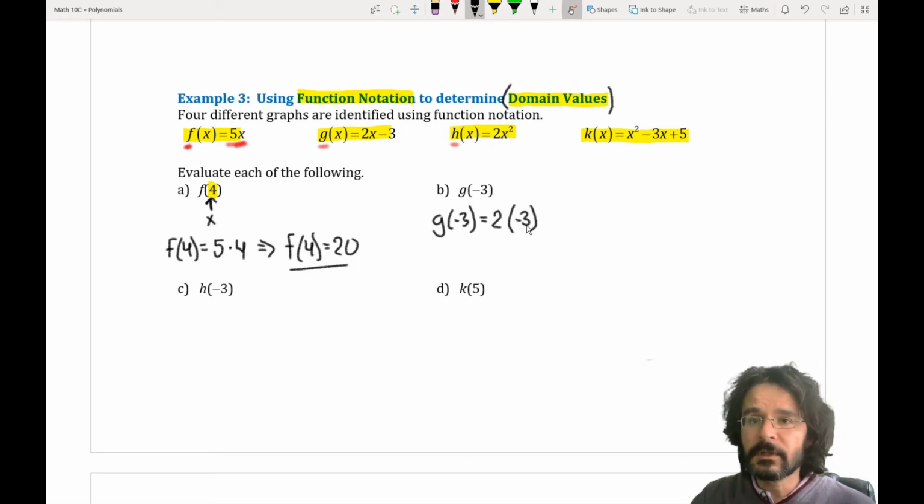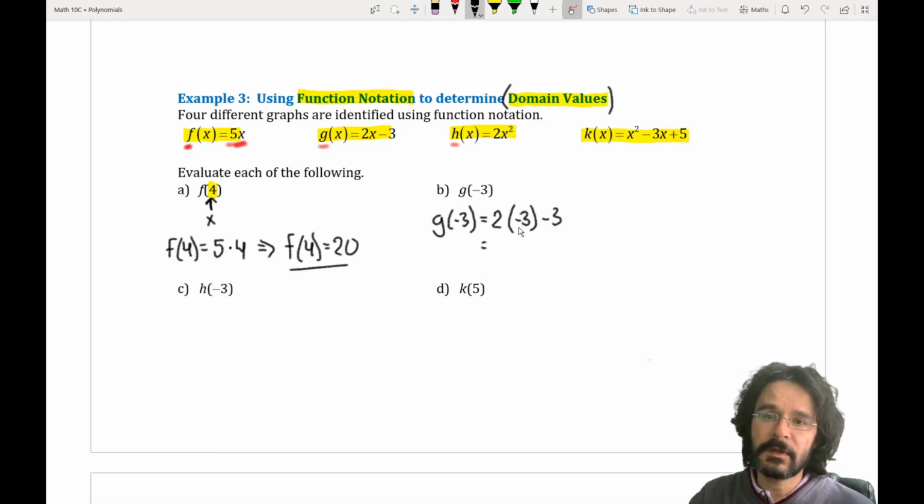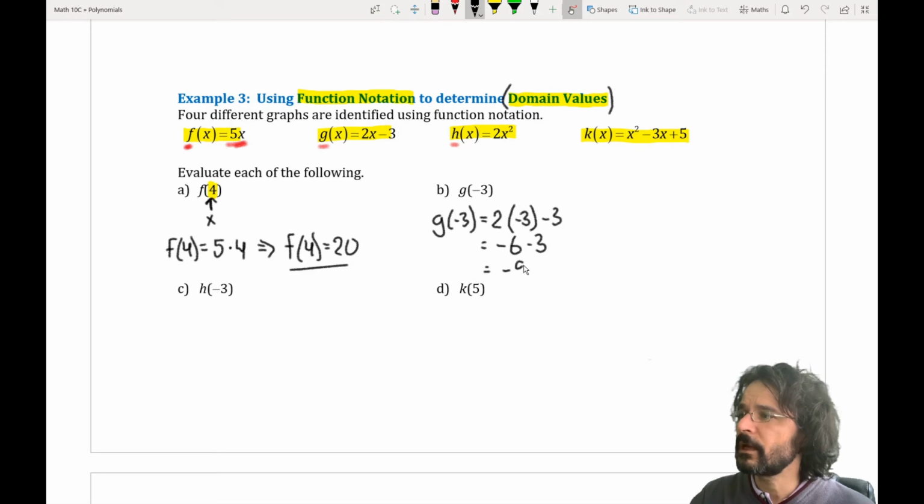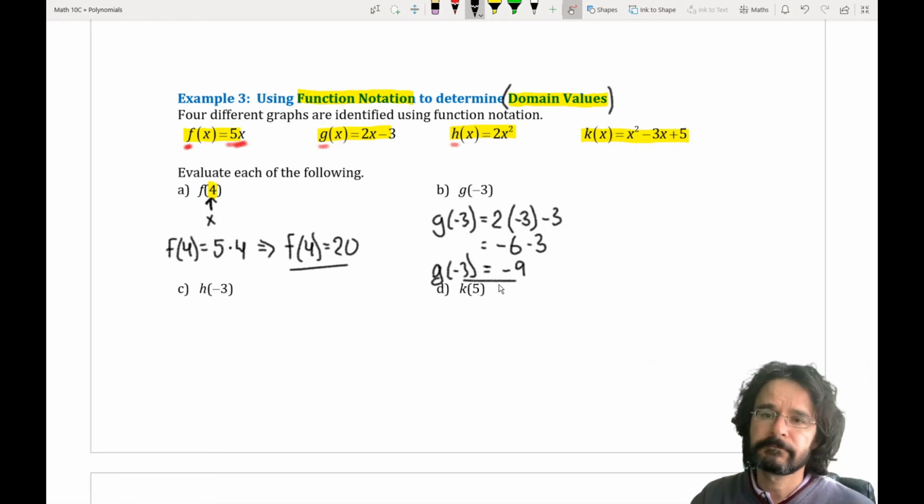If you don't, it means something different. Minus 3. So 2 times negative 3 is negative 6 minus 3. Negative 6 minus 3 is negative 9. So we can say that g of negative 3 equals negative 9.